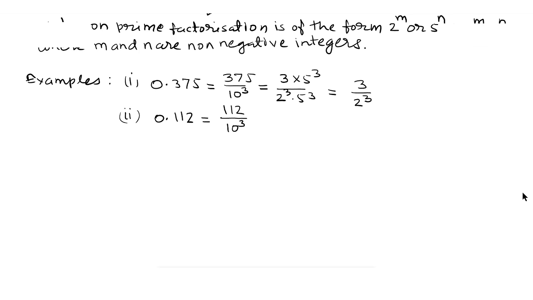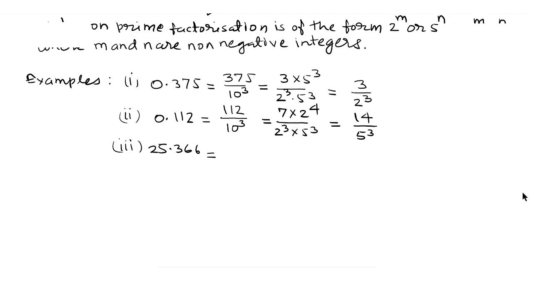This gives us 112 upon 10 to the power 3, which gives us 7 multiplied by 2 to the power 4 upon 2 to the power 3 into 5 to the power 3. This gives us 14 upon 5 to the power 3. Here we find that the denominator on prime factorization is of the form 5 to the power n, where n is non-negative.